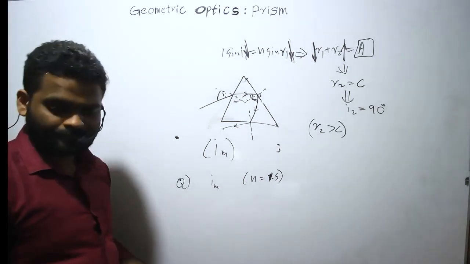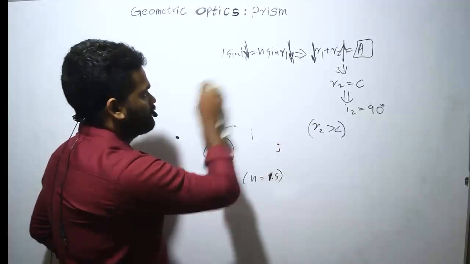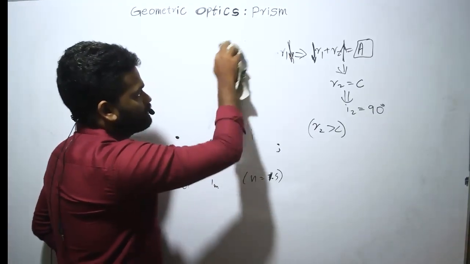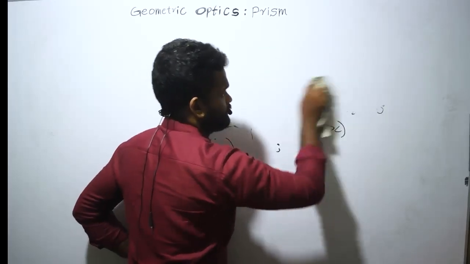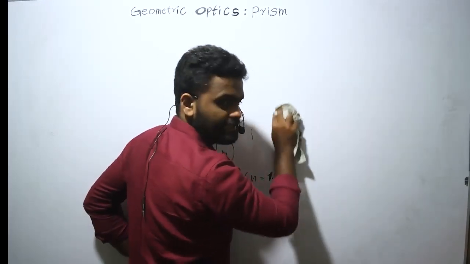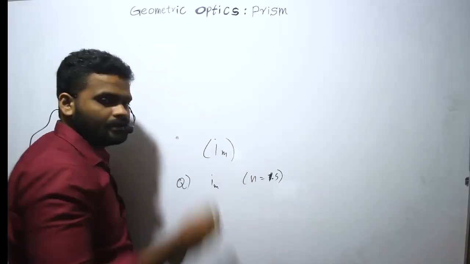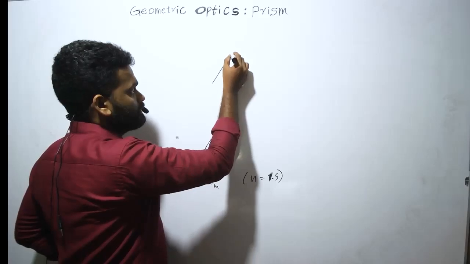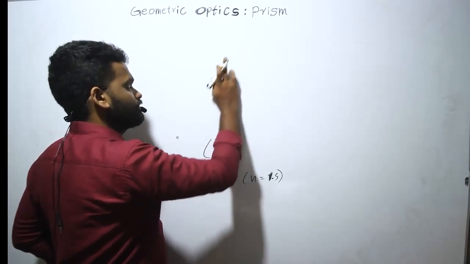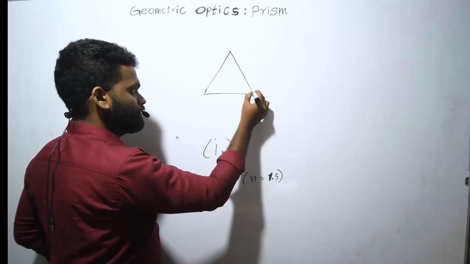Okay. So I have to understand what this Im means, right? At the minimum value of the incident angle, what happens? R2 equals C. If you want, you can draw this.